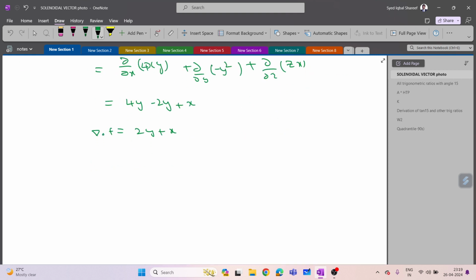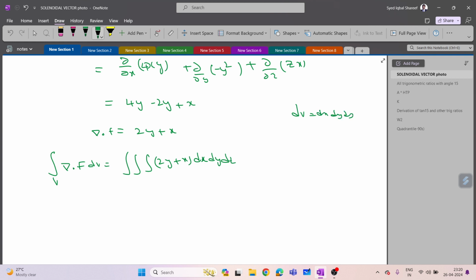Now, what we have to find is the integral taken over the volume V of del dot f dv. The volume integral is a triple integral. What is del dot f? 2y plus x. What is dv? dx dy dz. So it is a triple integral over x, over y, over z.